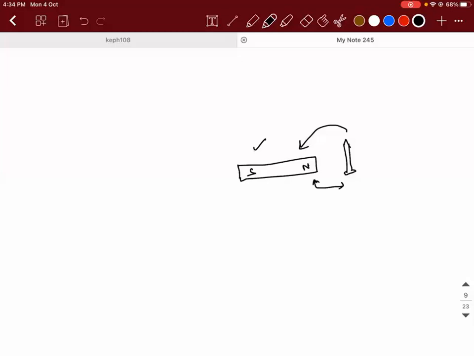I will try to draw the region of magnetic field lines around it. You know the direction of magnetic field lines? They are from north to south pole outside the magnet and south to north pole inside the magnet. Accepted? Yes or no?